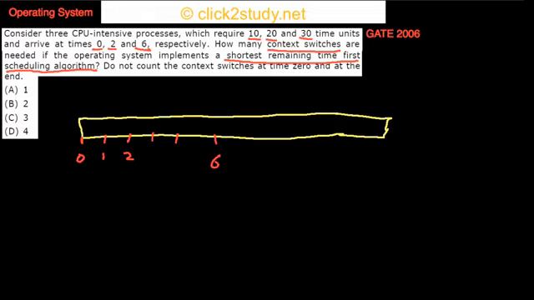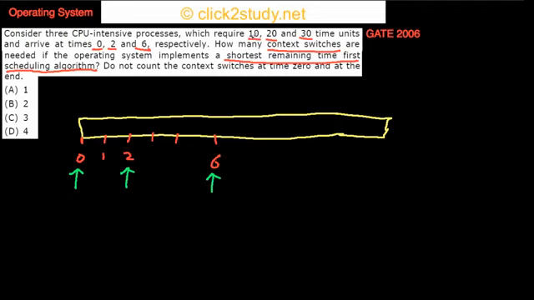And then what you know is that there is a process that arrives at time 0, and another process that arrives at time 2, and another process that arrives at time 6, and then you have to run them in the order of shortest remaining time.